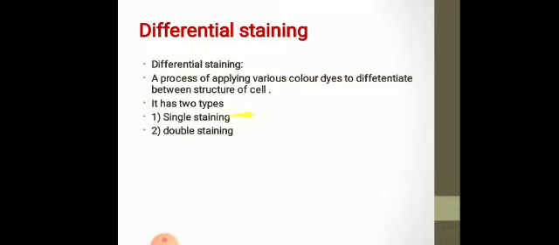So it has two types. Single staining, when you apply only a single stain. You want to see the nucleus, so you apply one stain, so only that part will be stained, and you will be able to determine that the stained part is the nucleus, and the rest of the part will not be stained. Double staining, when you want to apply two stains just to differentiate between two different parts.